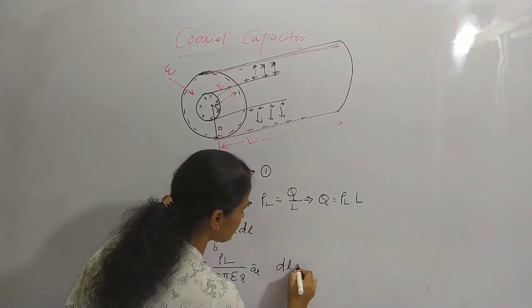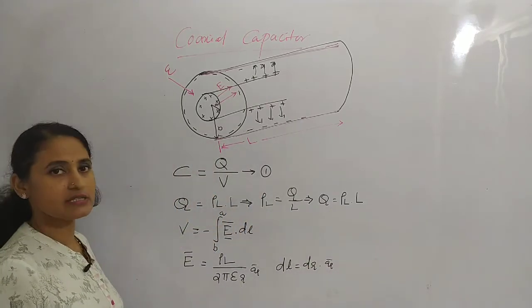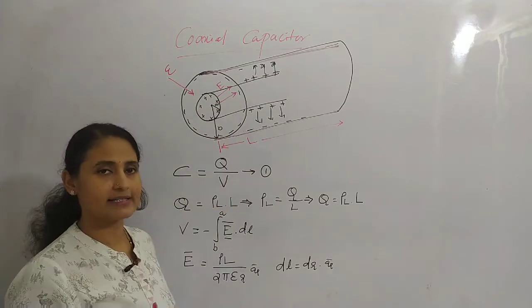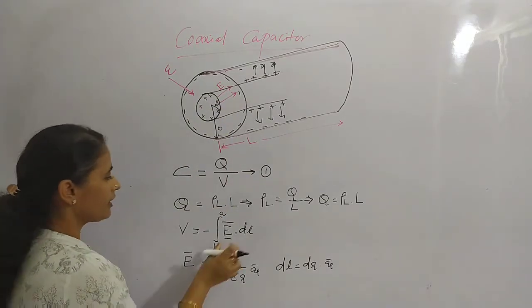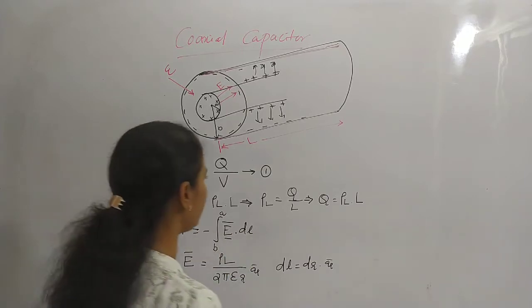What is dl? dl can be written as dr into a_r, because the electric field is along the radius of both the conductors. Now let us substitute E and dl in the equation of V.